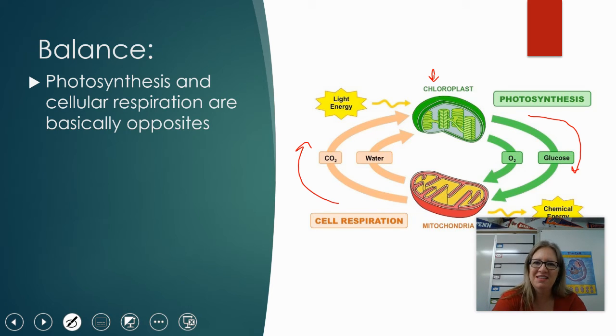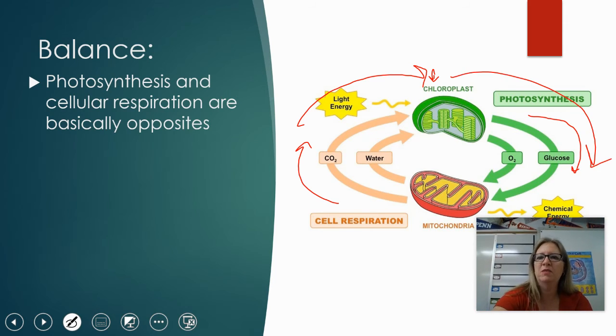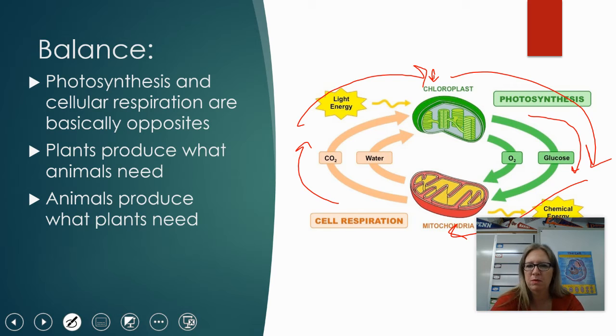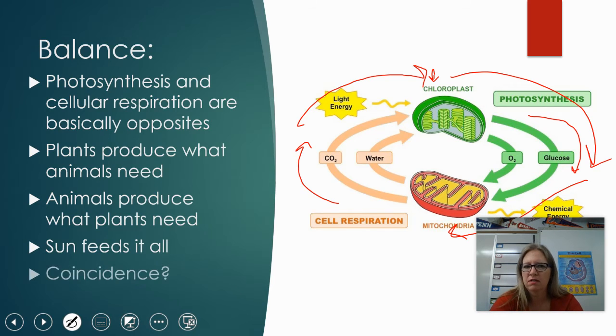Well, the plant cells need that. That's their raw materials. So they take that in, perform photosynthesis, dump out their waste product, we take that in, and so on and so on, okay? So plants produce what animals need, animals produce what plants need. And the sun feeds it all.